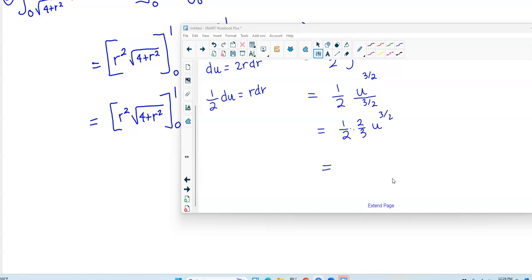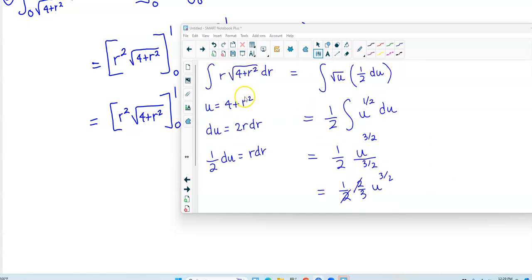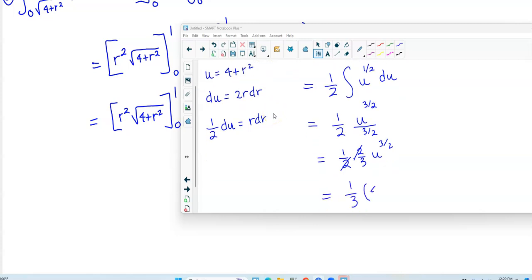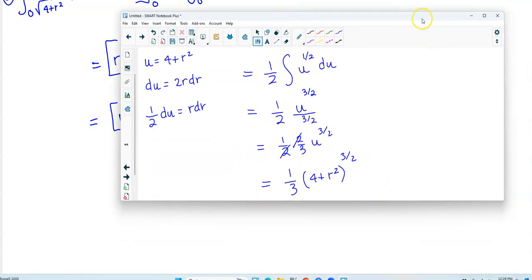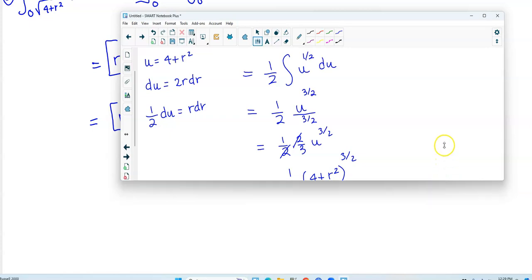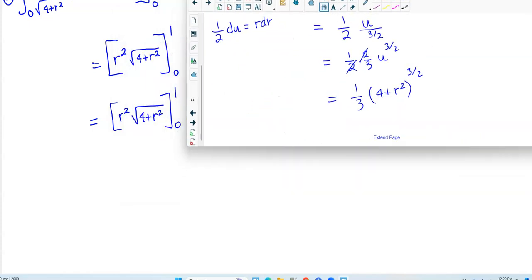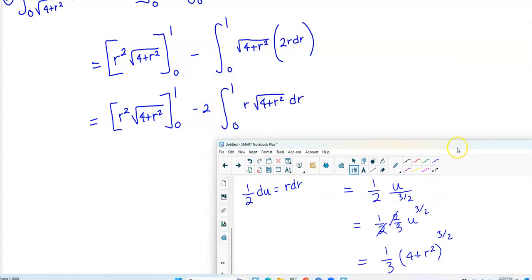And therefore we end up getting 1/3 times u, which is 4 plus r squared, to the 3/2. So this is going to be our antiderivative. So let's go ahead and put that back into our question here.